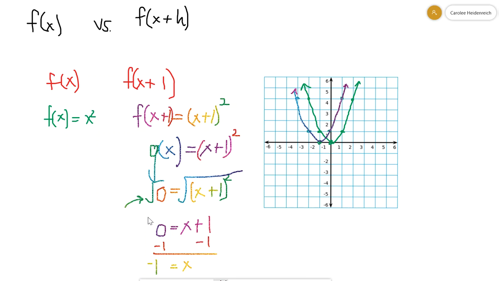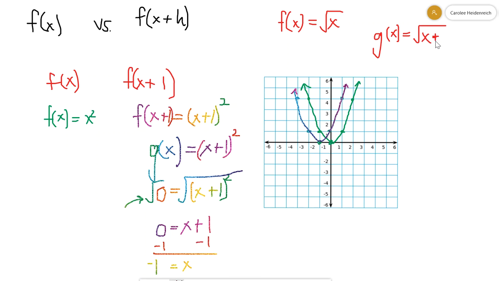Now that's just one example. Another example that I'd like you to consider, perhaps on your own, is if you had your parent function maybe the square root of x. My question to you would be, what does the new function that's transformed from that parent function, the square root of x plus 1, look like?